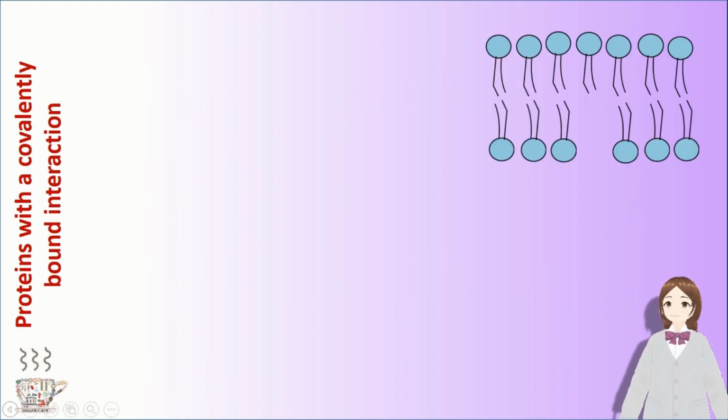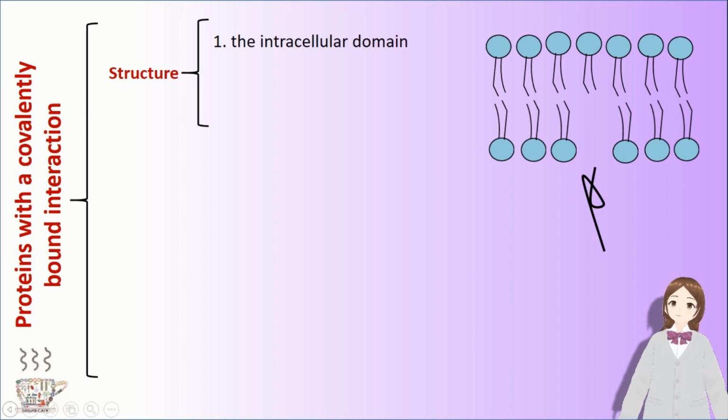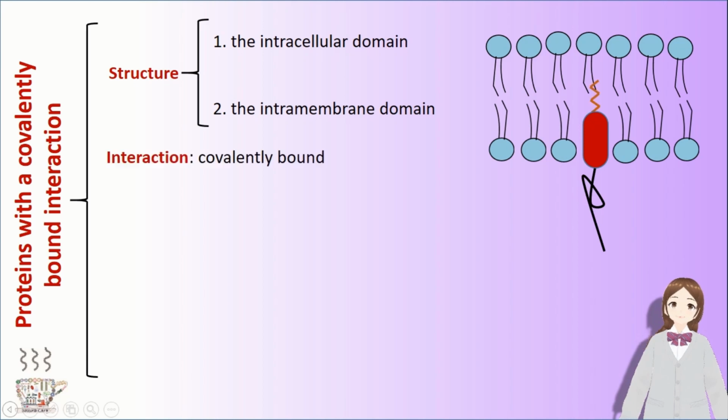Proteins with a covalently bound interaction. These non-transmembrane proteins are attached to the bilayer only by a covalently bound lipid chain in a cytosolic monolayer. It has two domains in its structure, the intracellular domain and the intramembrane domain.